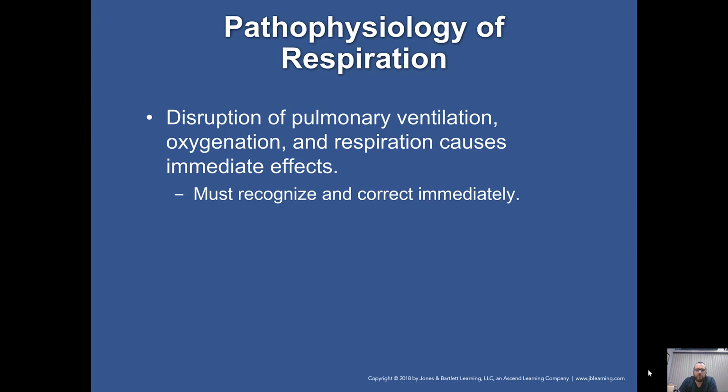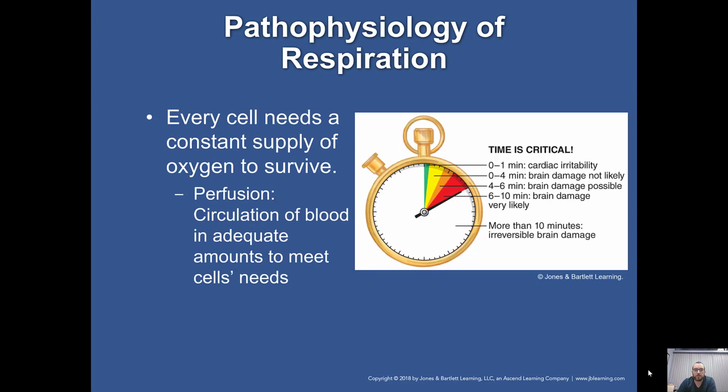All right, so the pathophysiology of respiration. Again, the biggest thing is recognition, right? Recognition right away that the patient needs extra help or isn't able to do it effectively themselves, or that something is actually causing some issues. We know various tissues and structures throughout the body are way more sensitive to what happens when they get low levels of oxygen.